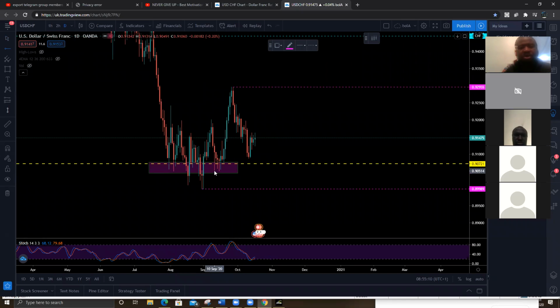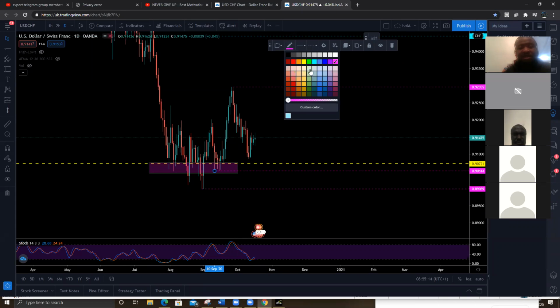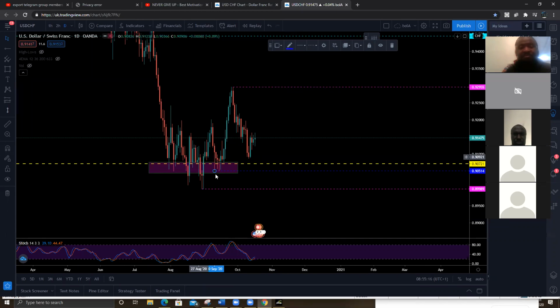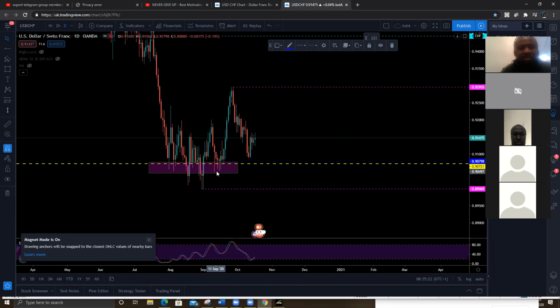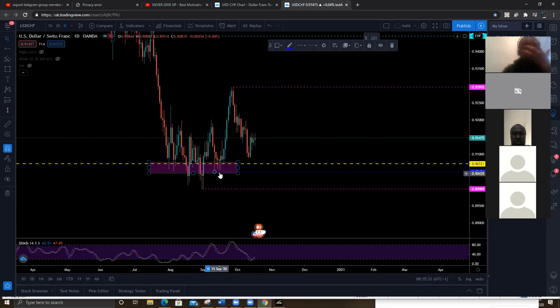So we're going to put a little line over here that signifies the starting point, so that we always know the starting point of our decision making process. Before we created this high, it comes from here, and then we got to this high, and we can see this area clearly on daily.